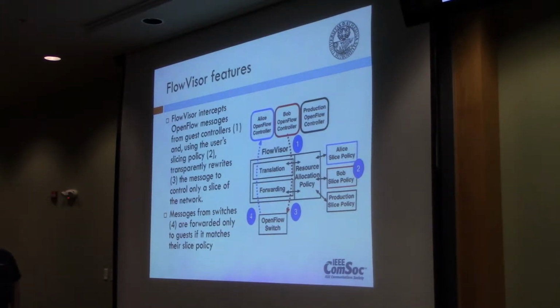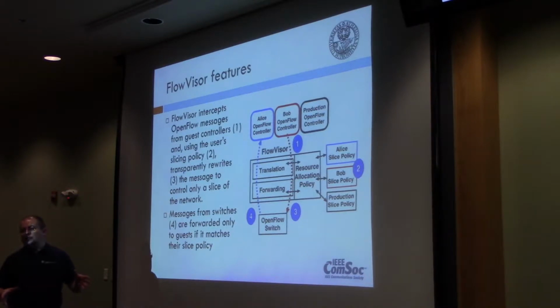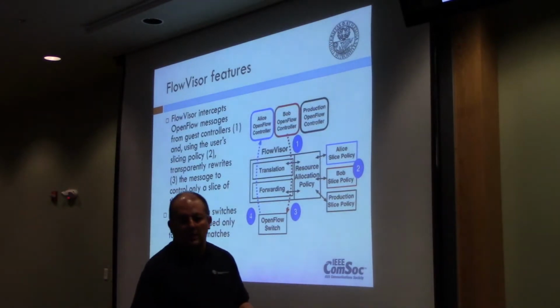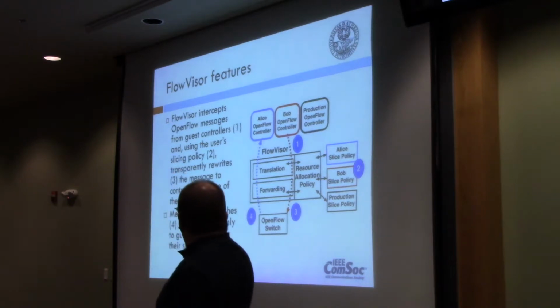Okay? So it's easier if I show you this example to understand how it works. So imagine that you have the owner of the infrastructure, then you have Alice and Bob, that are two companies that want to manage different slices of the network.